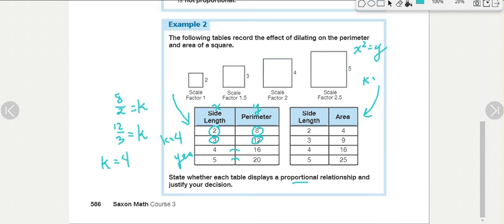The constant of 4 divided by 2, right? That'd be 2. How about the constant of, let's try 25 divided by 5? Does it follow the pattern? No. So it is not proportional. We've done that before.